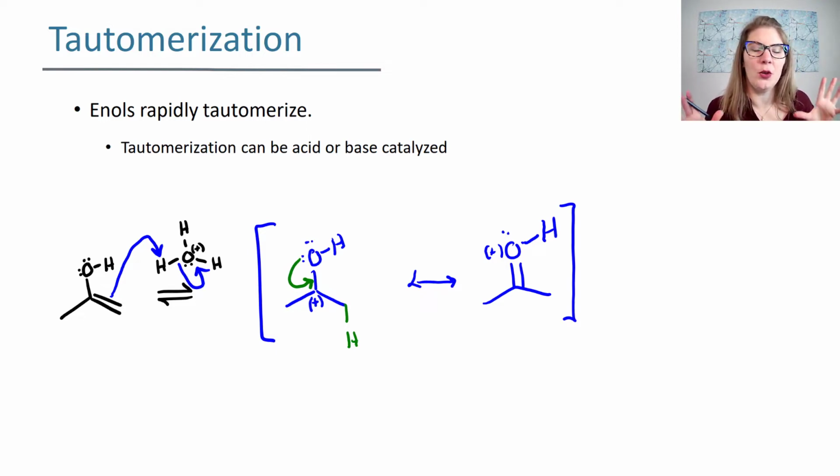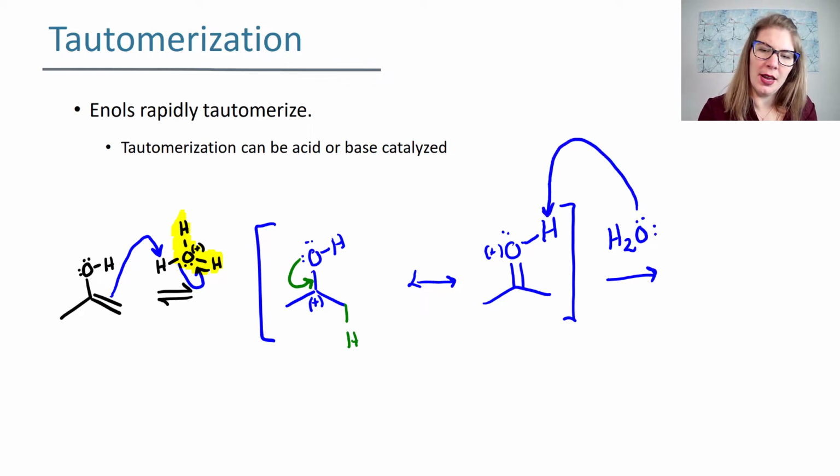Now, when you pulled off the proton at the beginning from H3O+, you left water. Remember, this is acid catalyzed, meaning you have to recreate acid at the end. So you have water, and that water is going to come in, pull off this proton so that you can end up getting H3O+ regenerated.